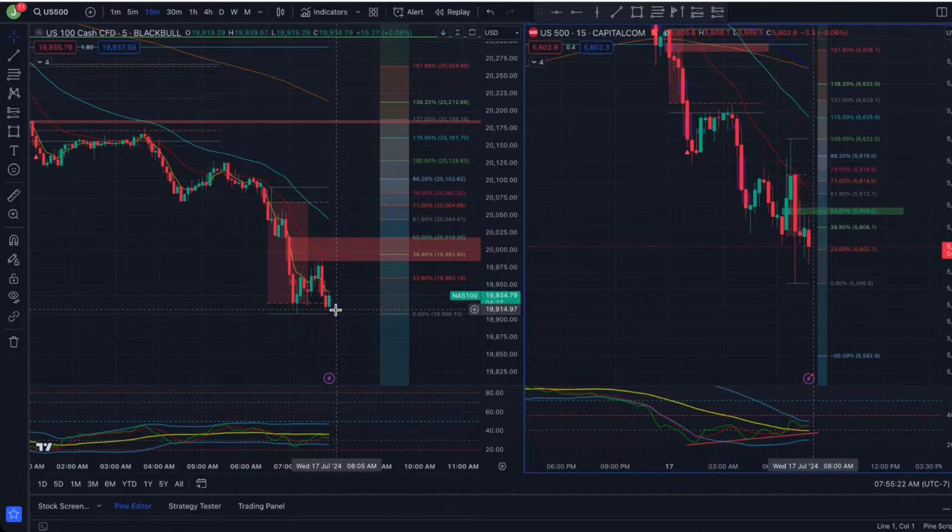NAS now slowly pushing up. Let's see if we get a deeper retracement, if we're ready to actually give that confirmation.